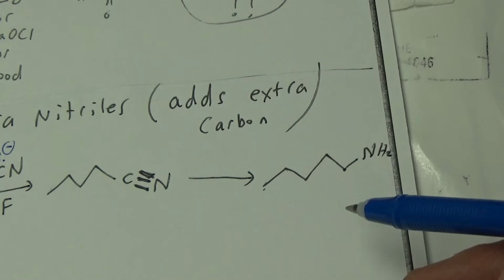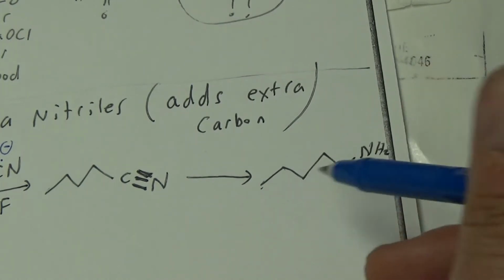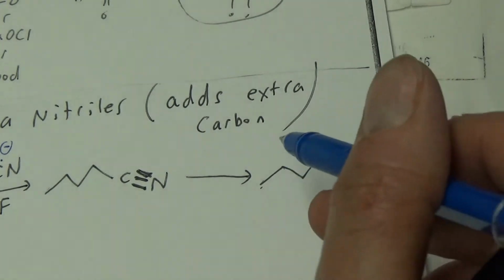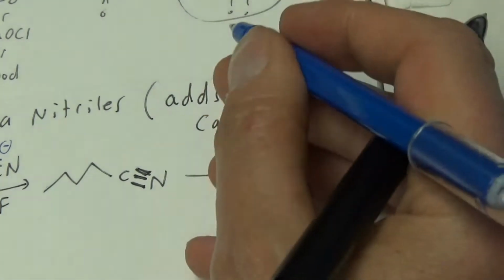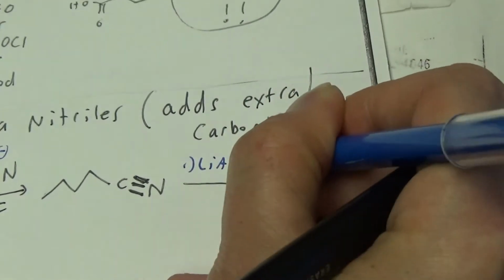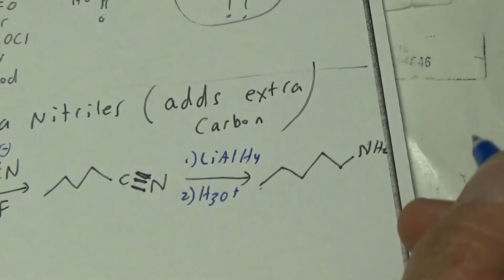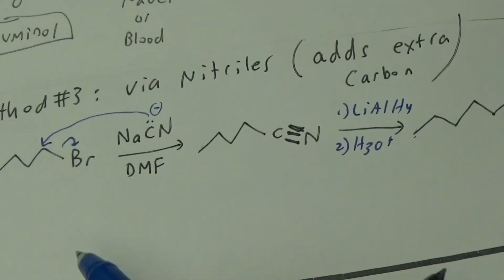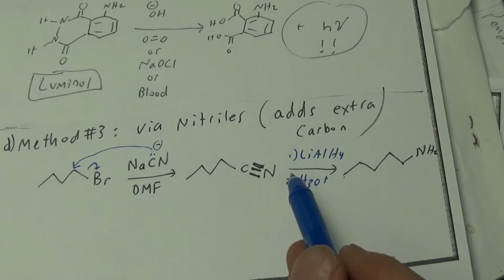I think it's the end of last chapter, chapter 20. You can do a double reduction of the nitrile to the amine, and that's just using lithium aluminum hydride and acid. So that does what we want, converting a bromide to a primary amine, but it does add an extra carbon.